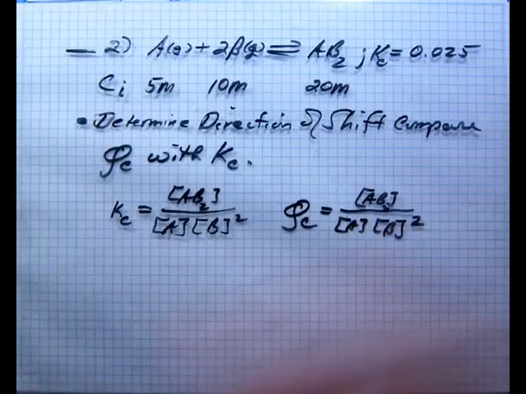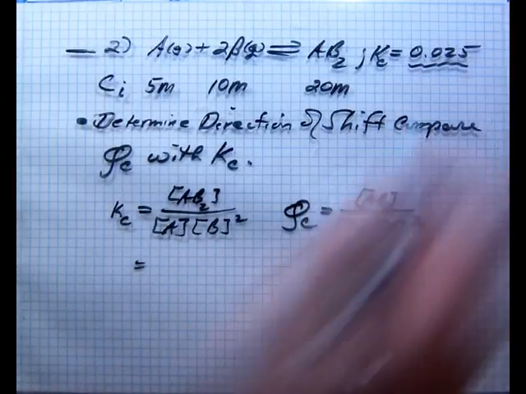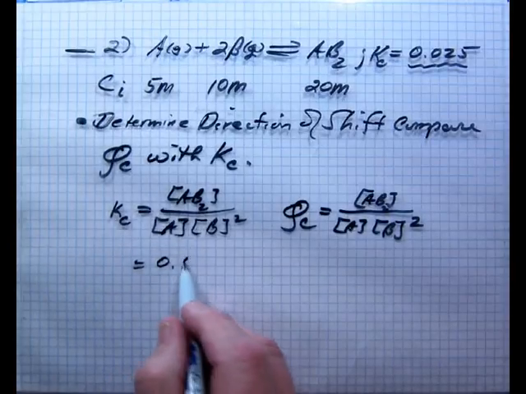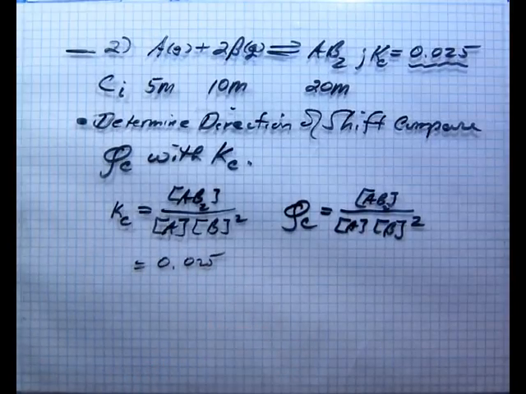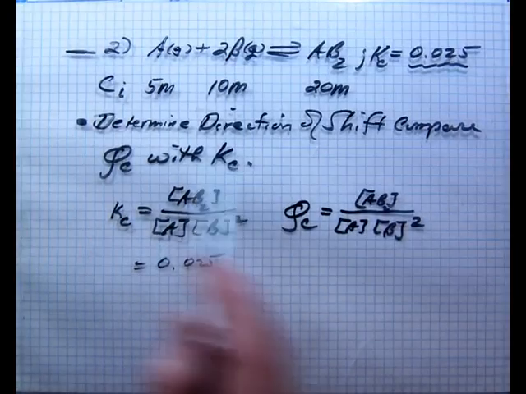In this problem, you are already given the Kc value here at 0.025. On test day, I do put a problem on there where you will have to calculate K based on the data.